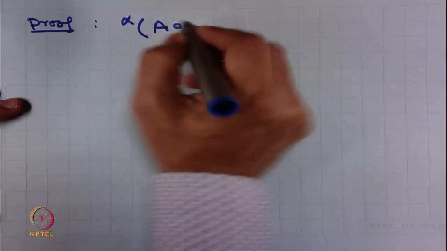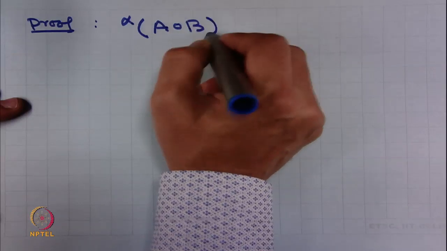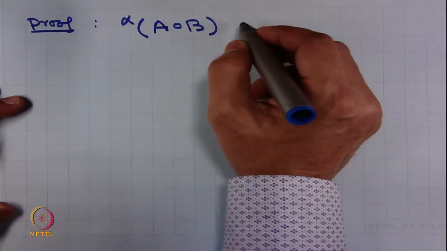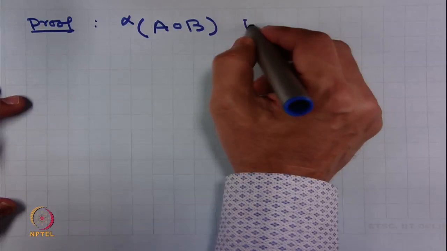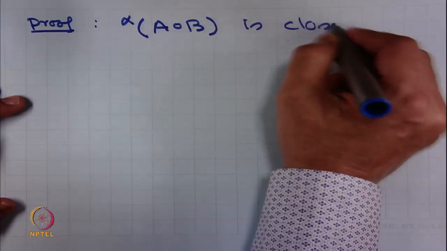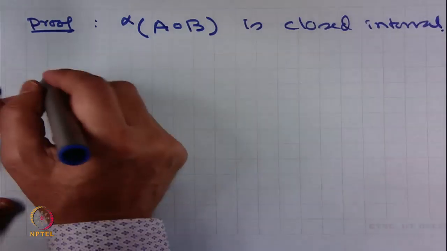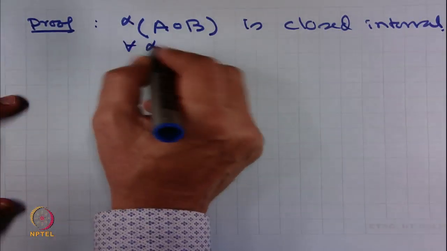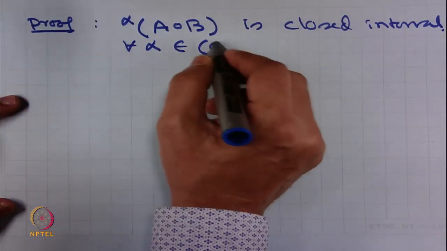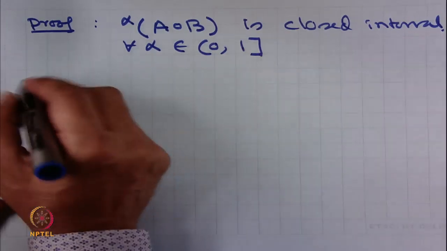So, let us first prove that the alpha cut of A * B is a closed interval for all alpha belonging to (0, 1].